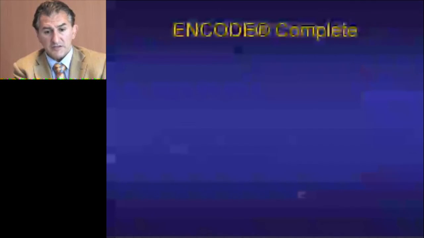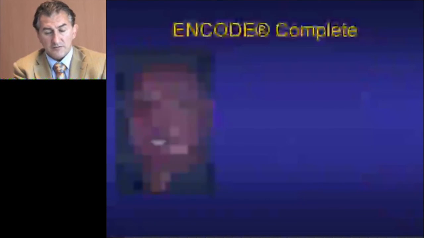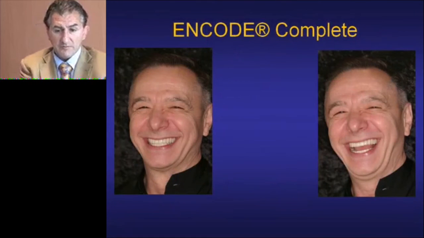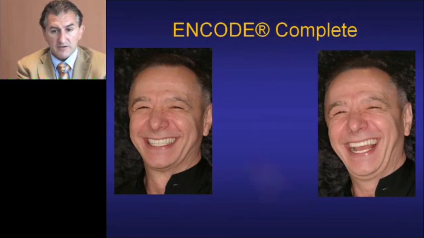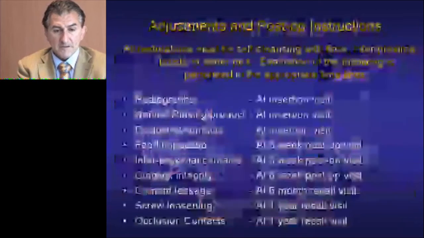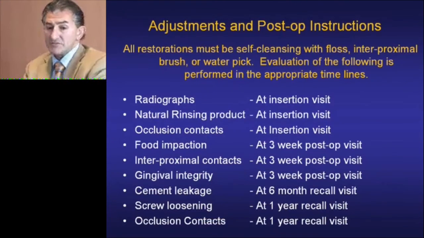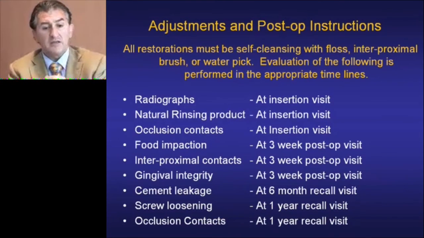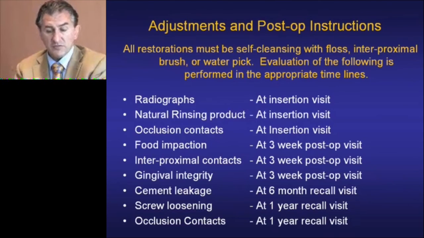Encode Complete has now served over 39 to 45 patients in a very successful manner. Part of the post-op instructions I wanted to cover: radiographs at the insertion, and the natural dentist rinse, which we use instead of chlorhexidine.